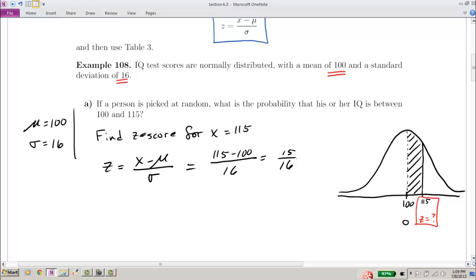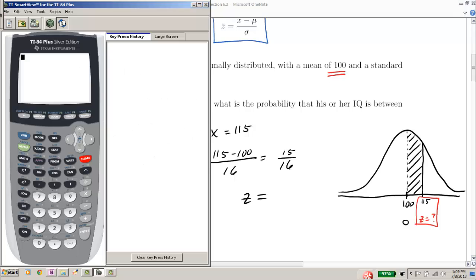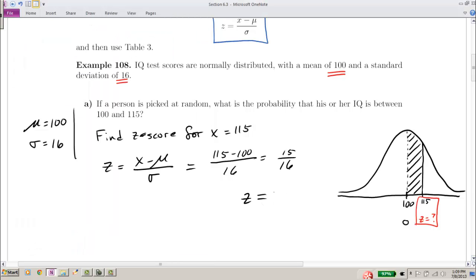Our table uses z-scores to the nearest hundredth. So 15 over 16 is 0.9375. Rounding that to the nearest hundredth gives us 0.94.